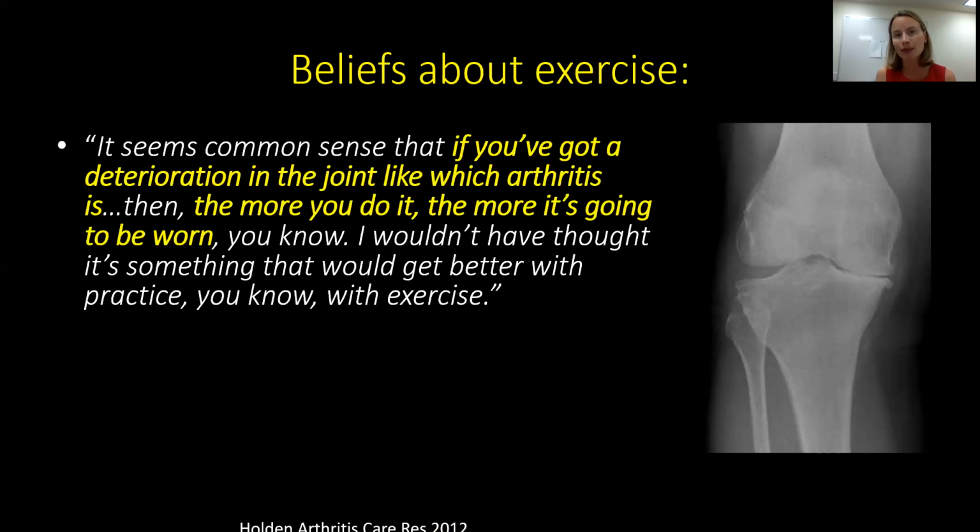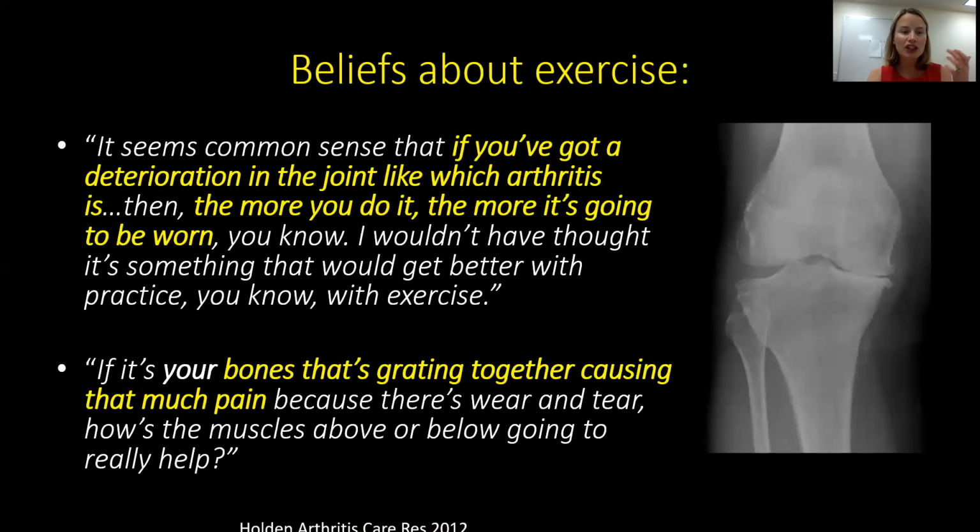I wouldn't have thought it's something that would get better with practice, with exercise. And someone else said, if it's your bones grating together, causing that much pain because there's wear and tear, how is the muscles above or below going to really help? And these are incredibly valid things to think, aren't they?